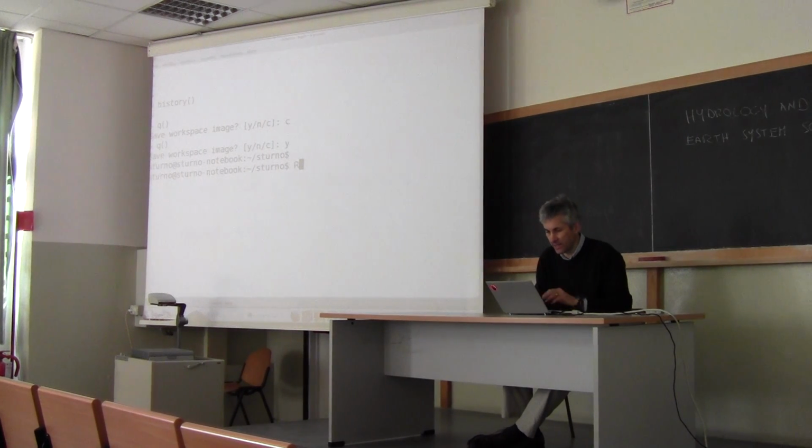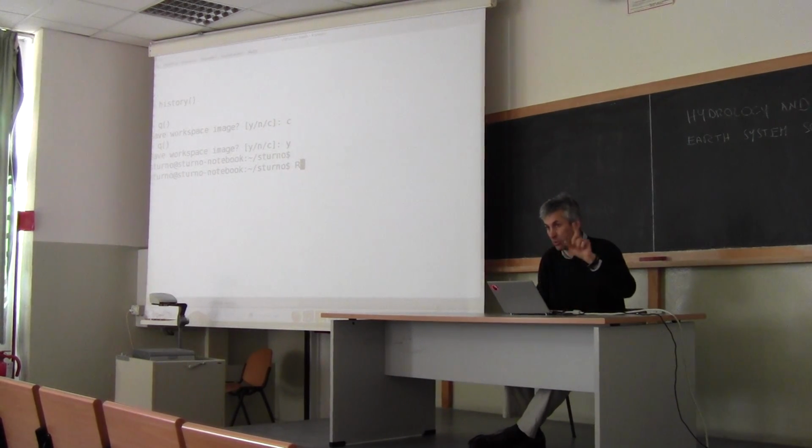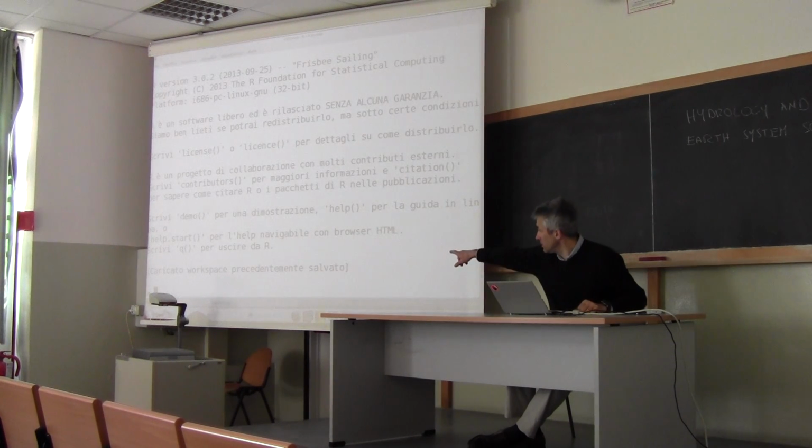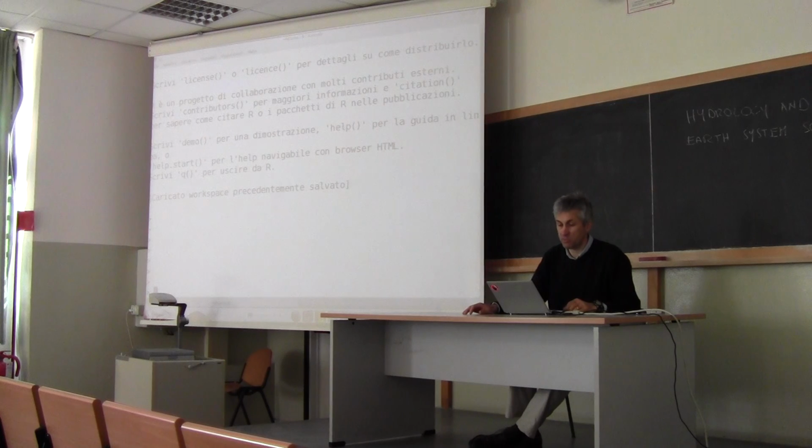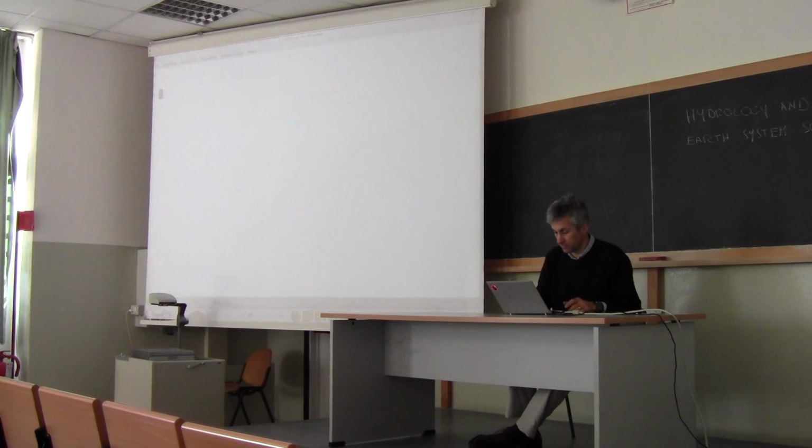But when I start again, and the same for you, when you press on the icon again, you see here, caricato workspace precedentemente salvato, which means that I loaded the workspace that you previously saved. So, if I use the upper arrow, I have everything here. And if I look at the variables, everything is here.